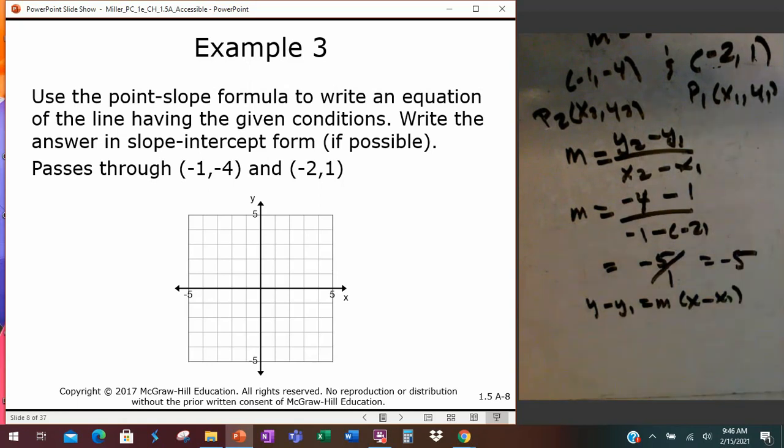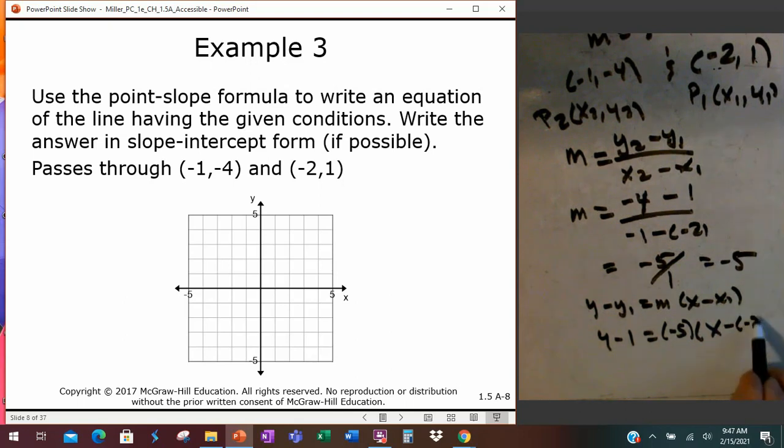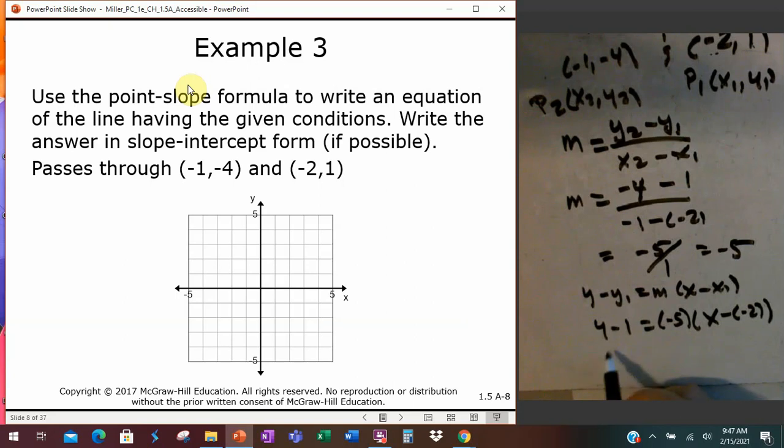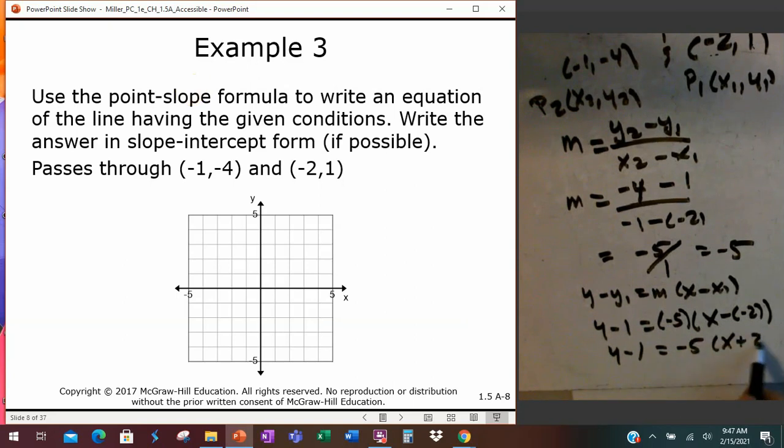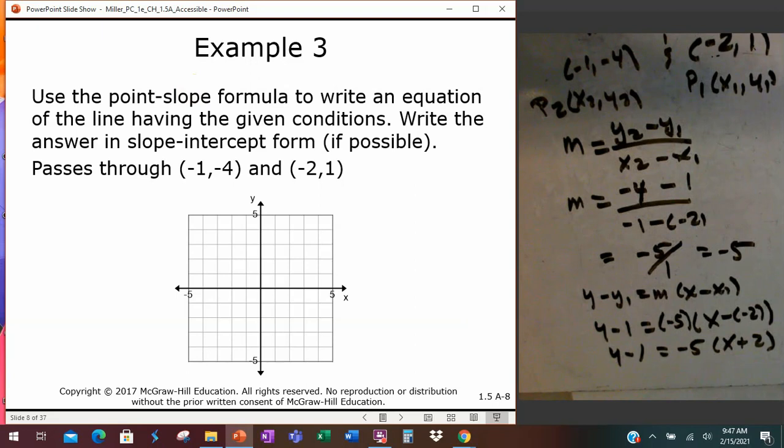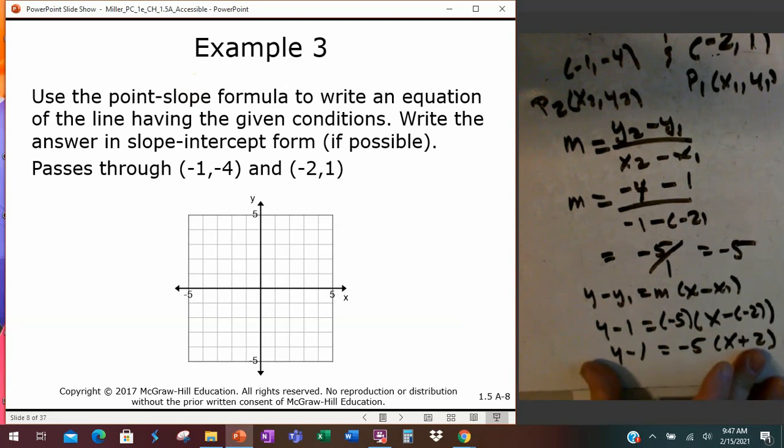So let's do this one. y minus 1, that was my y2, this is my y1, sorry. And m, that was negative 5, times (x minus a minus 2). So y minus 1 is equal to negative 5 times (x plus 2). So if all I needed was the point slope, that's it. That's the point slope form right there.